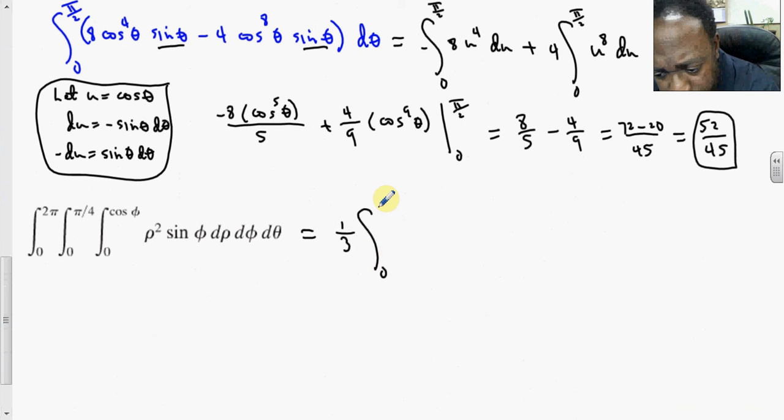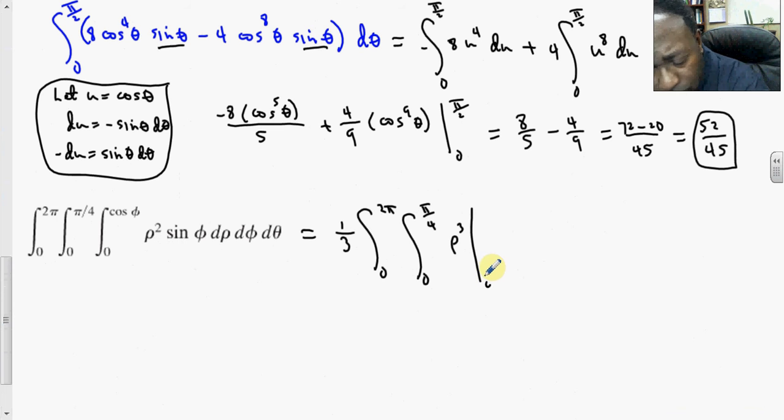The integral from 0 to 2 pi, the integral from 0 to pi over 4. Then this is rho to the third, evaluated from 0 to cosine phi. Then we have out here sine phi, d phi, d theta.